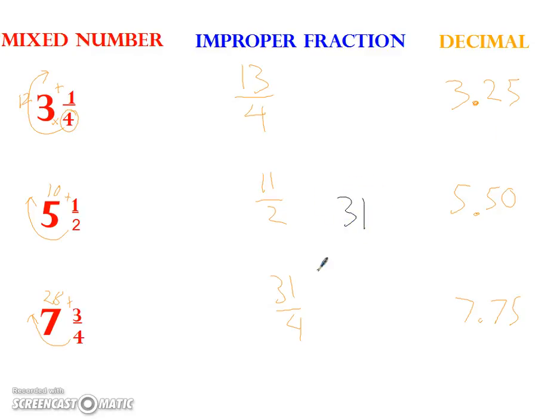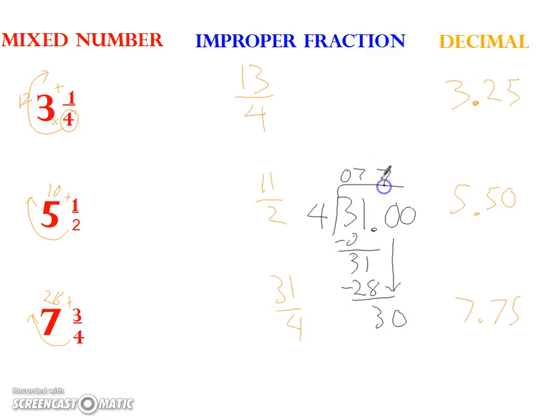So I'm going to take 31. I'm going to add a couple decimal points because I can see I want a decimal. And I just work through it. 31 into 4 doesn't go any times. 4 into 31 goes 7, which is 28. I subtract, there's my 3. Bring down 0. 4 times 7 again.